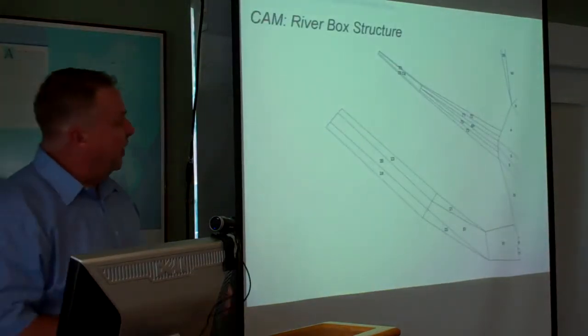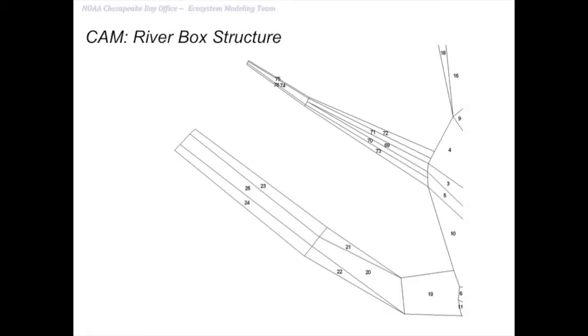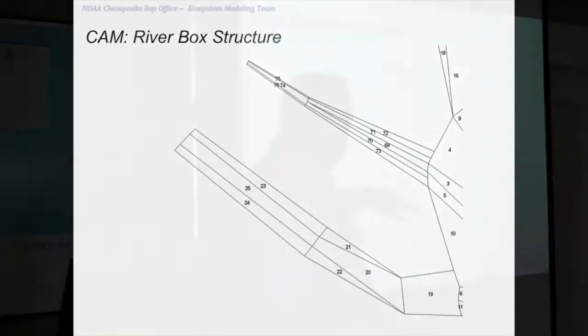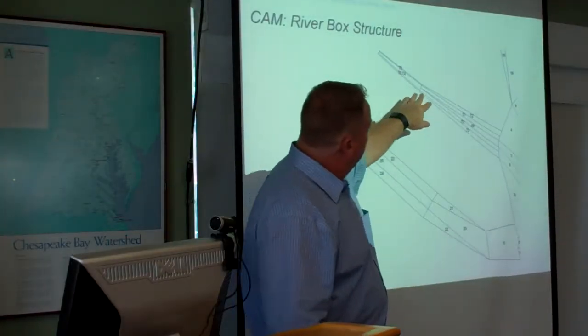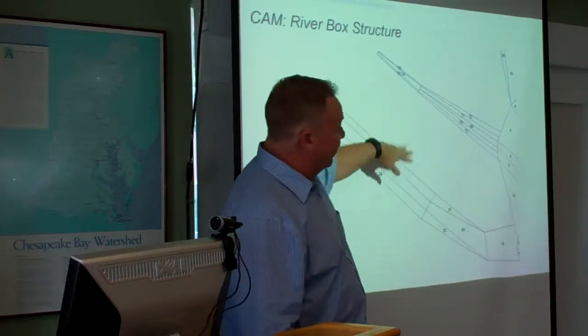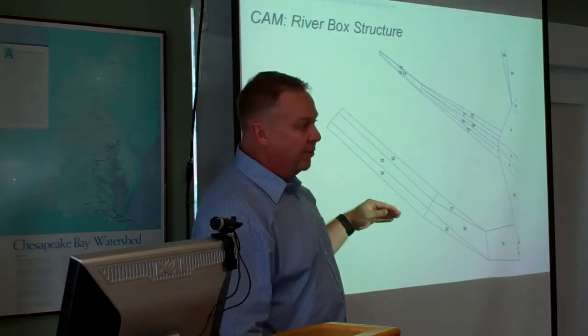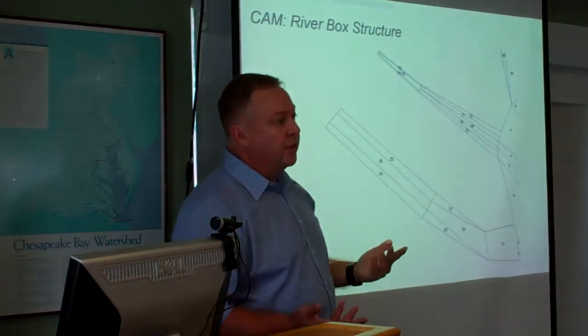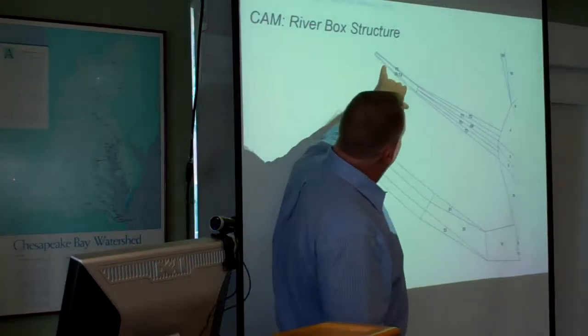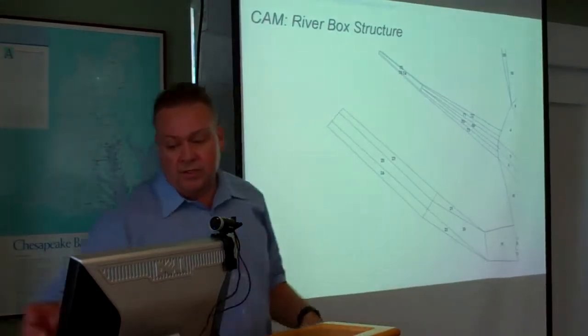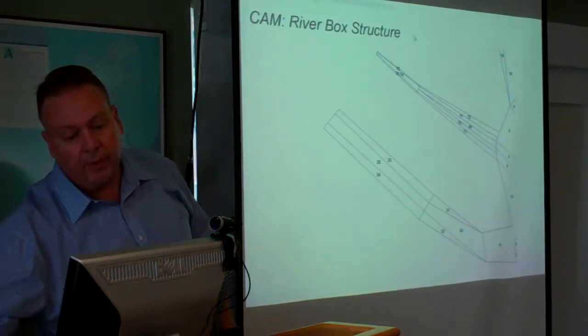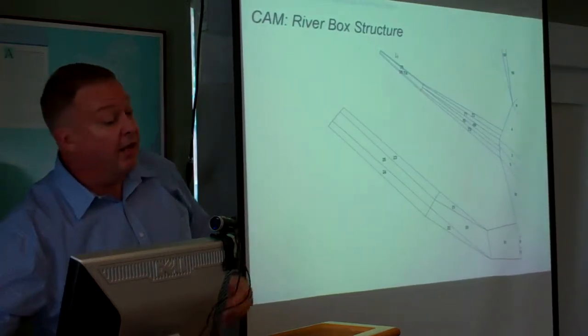The river structure you can't really see in that last slide. It's just too big of a scale. But here's the James and the York. You see quite a bit of difference between how different tribs are simulated, and that's due to their depth. What we have integrated in this box here is actually the Mattaponi and the Pamunkey.